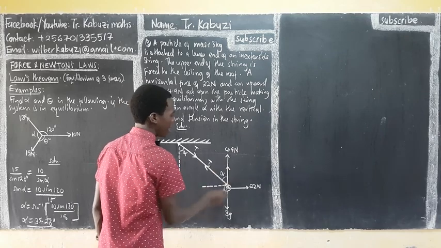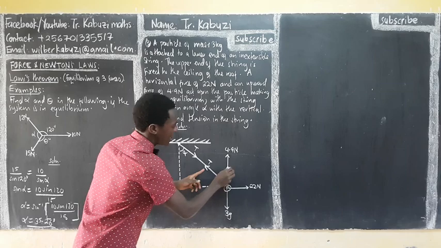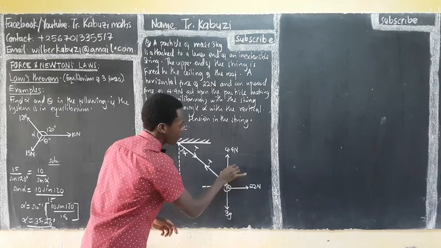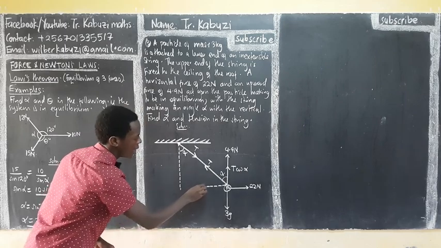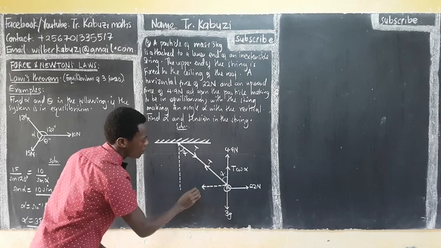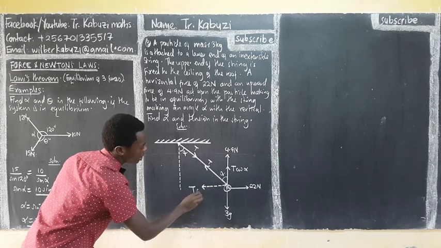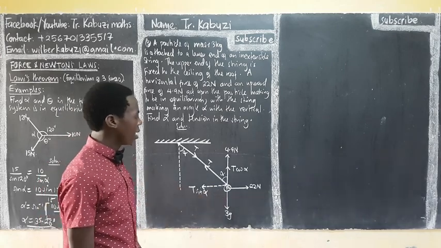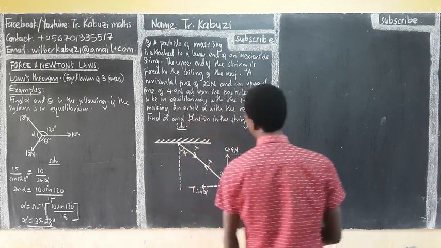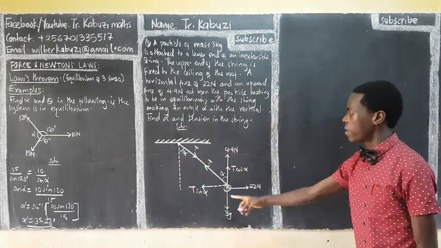This is going to be T cos alpha, and from this, the horizontal one is going to be T sine alpha. Now, if this body is in equilibrium, it means that the upward forces are equal to the downward forces, and the horizontal forces are also equal.